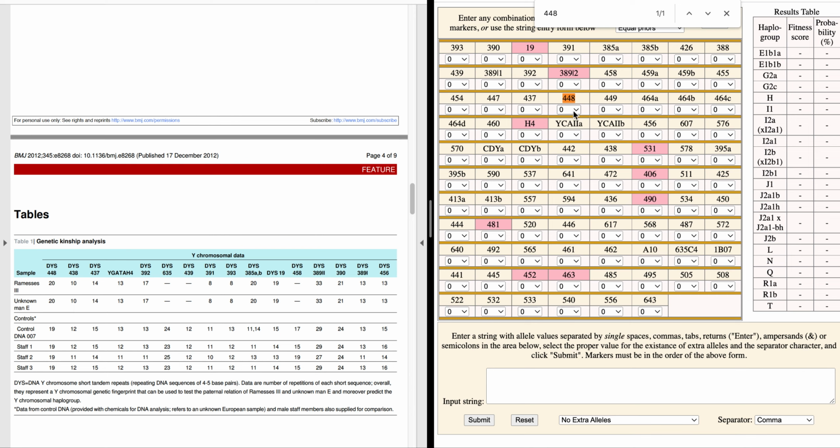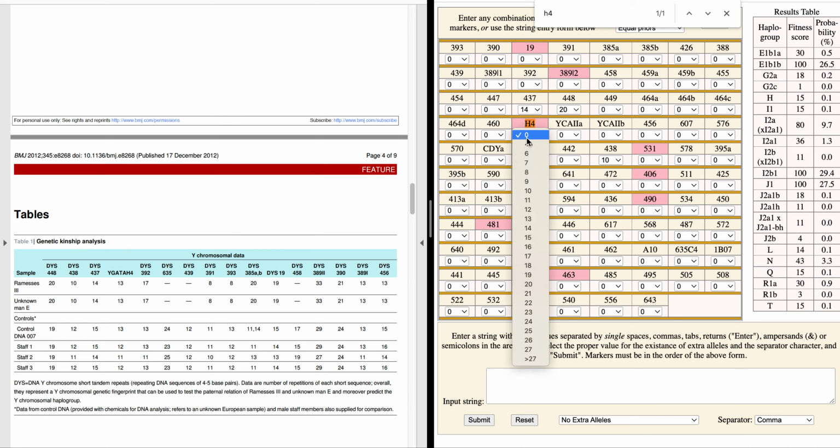For 448 we have 20. 438 we have 10. 437 we have 14.